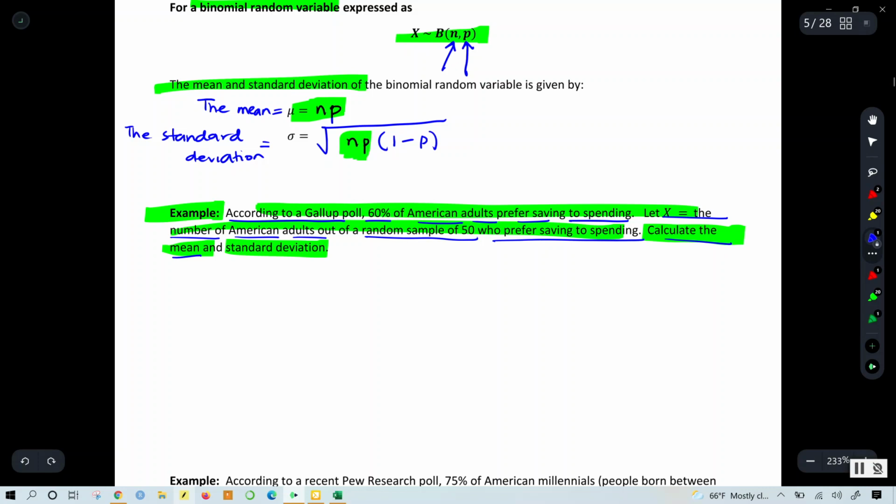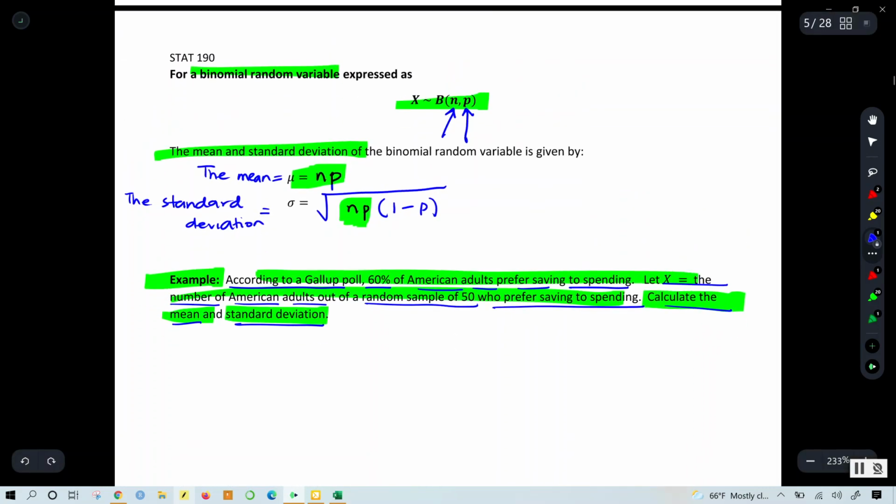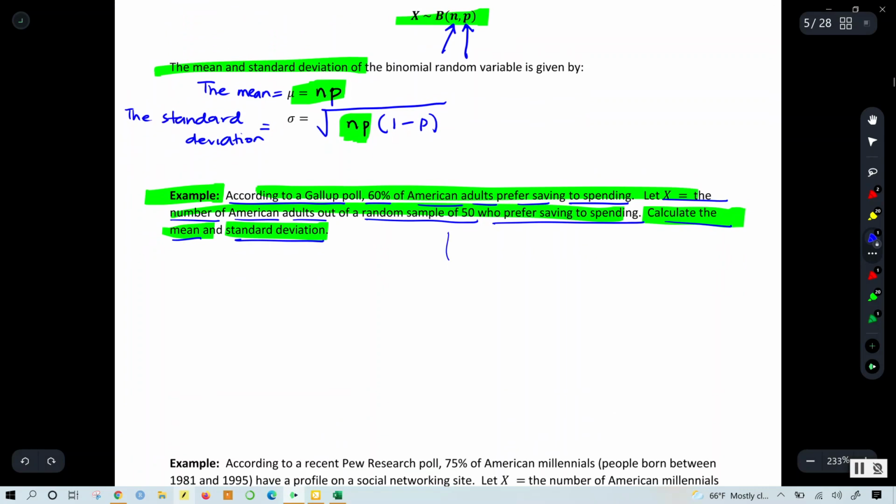Calculate the average number of adult Americans who prefer saving to spending in this sample and the standard deviation. First, we note that this experiment here is a binomial experiment where you have a fixed number of trials, 50, and the probability of success is 0.60.